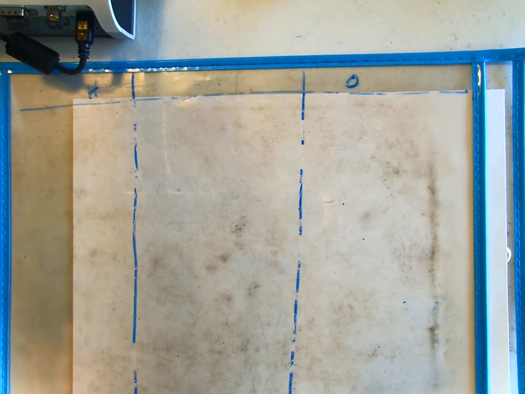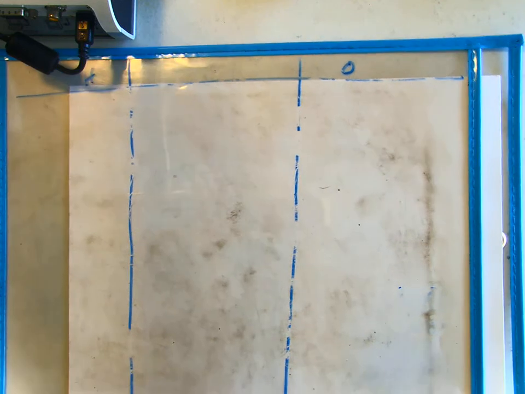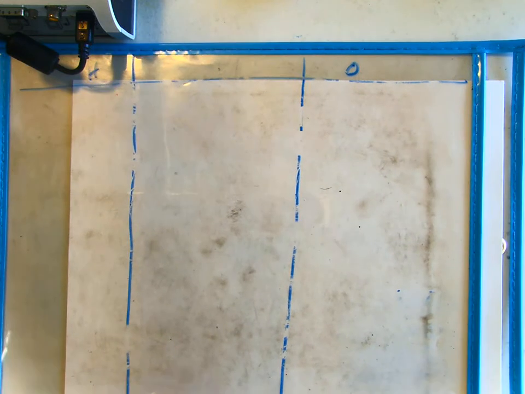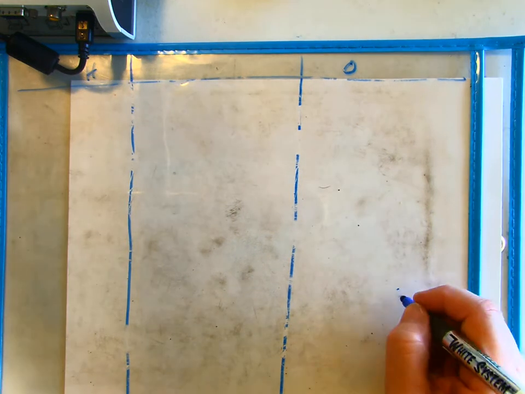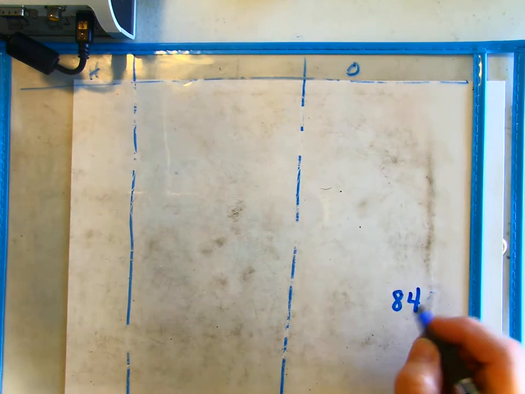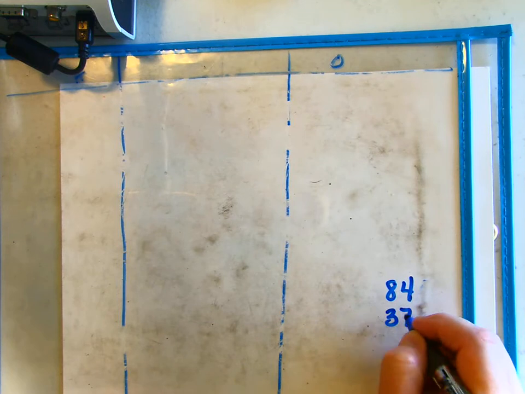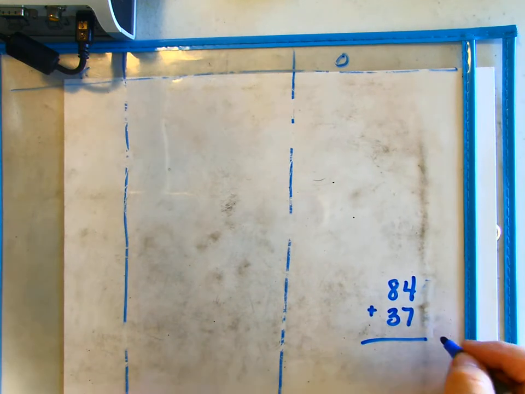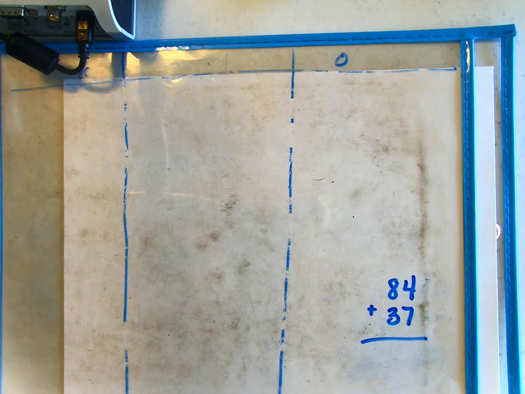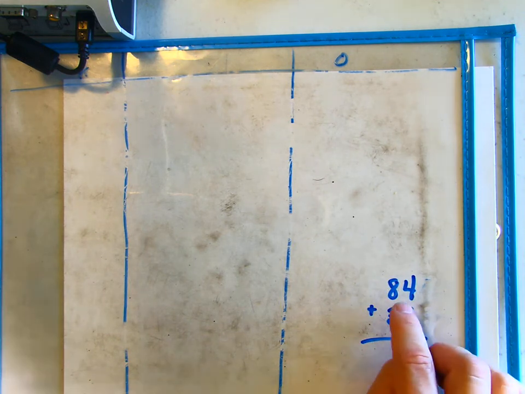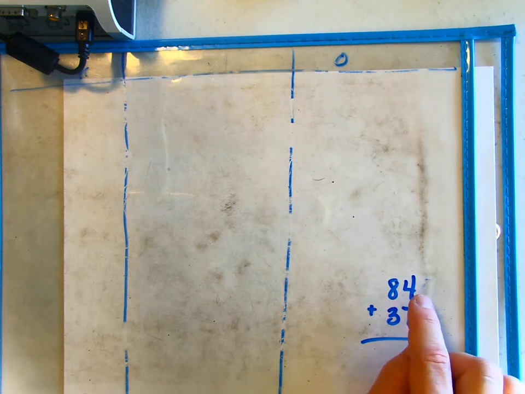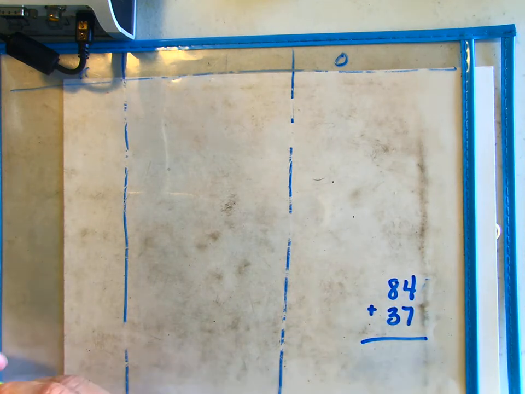And we're going to see if we need to compose or bundle a 10 or 100. So our first one is 84 plus 37. So we're going to model those with our place value discs. In the number 84, we have 8 tens and 4 ones.